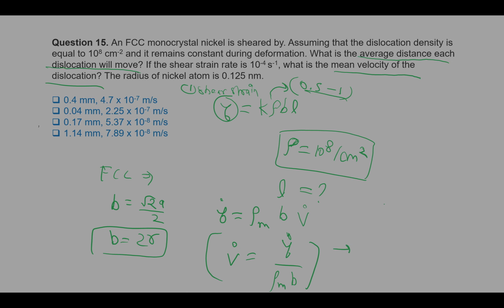The values are rho, dislocation density, 10 to the power 8, into B, 0.25. How we calculate it? Using this formula.